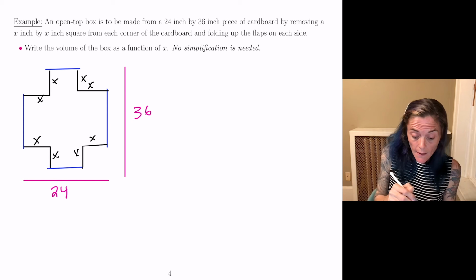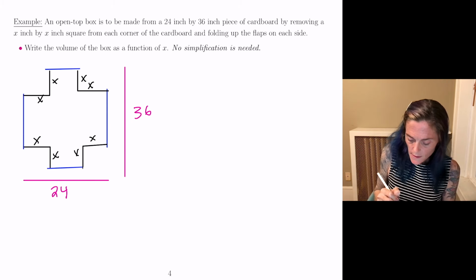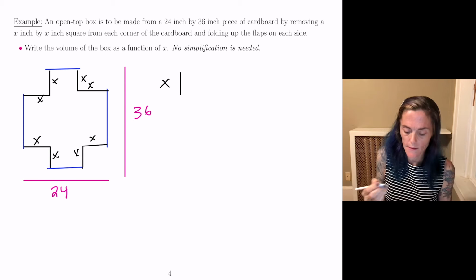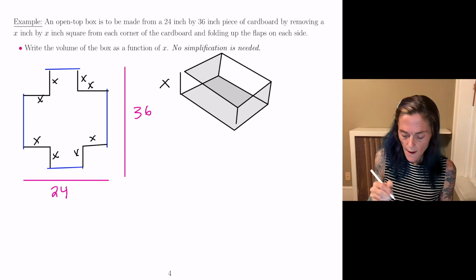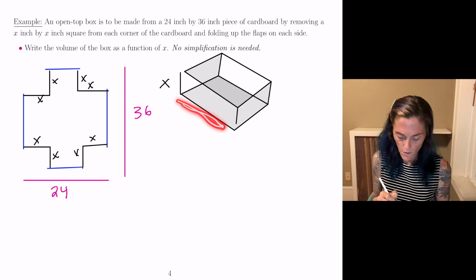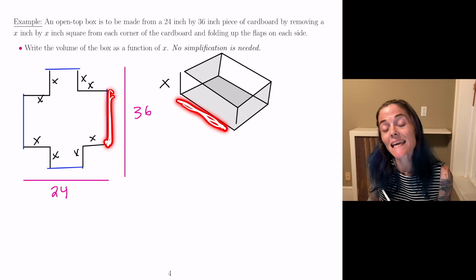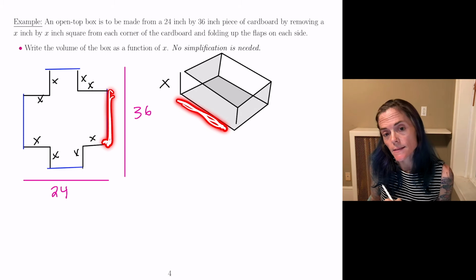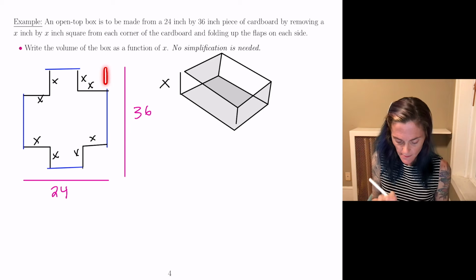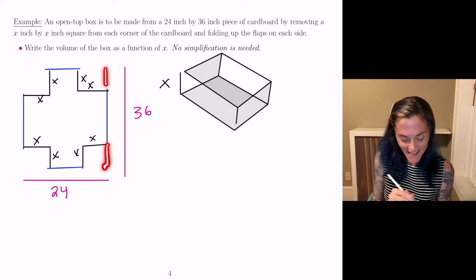Maybe I'll try to sketch the box. The height of the box will be x. And then we have this length, which would be here. You notice this length is 36 minus 2x.